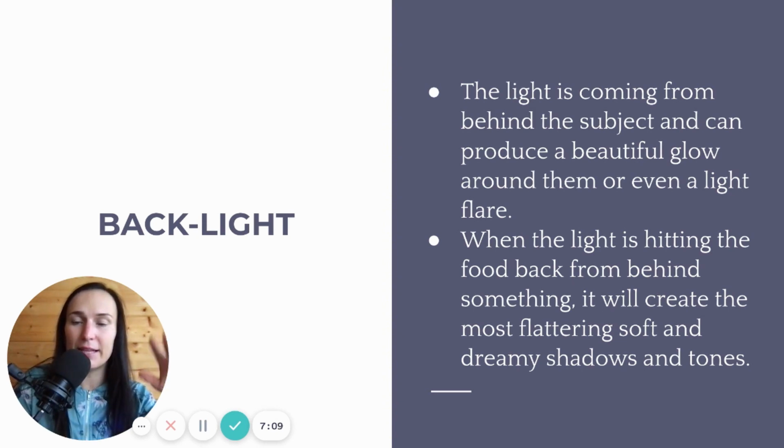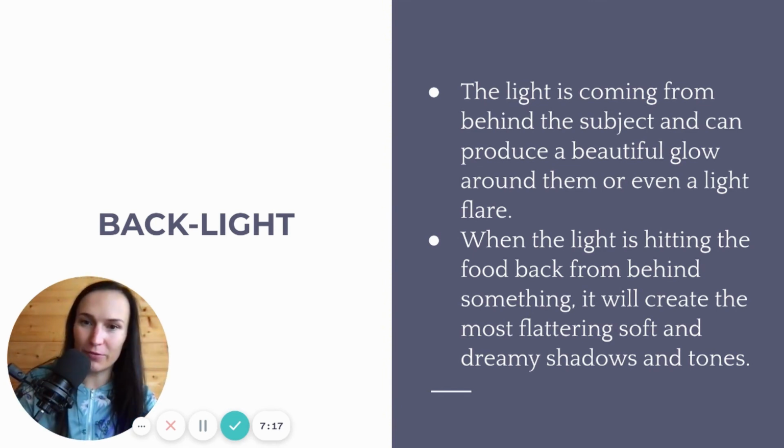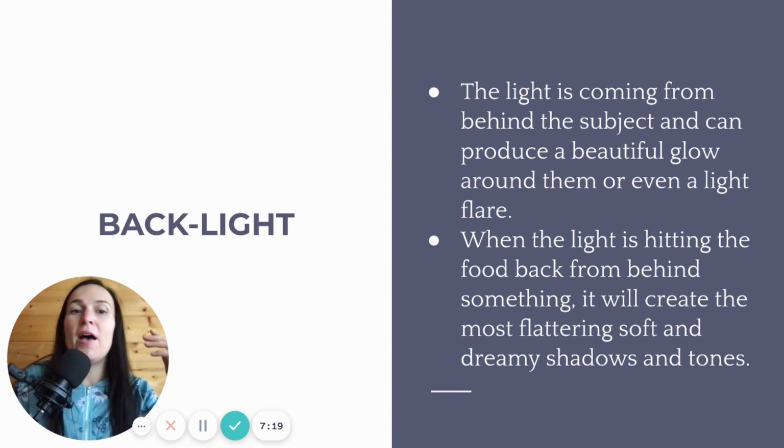So this is a super creative tool that you can use. And I have seen some beautiful photos with backlight. But again, you just have to make the decision here, which kind of light source and which kind of light position in general is the best one.